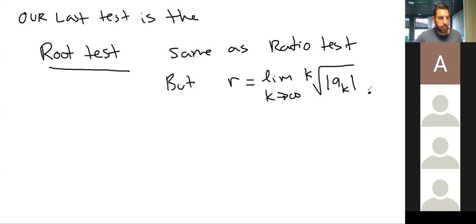So let's look at an example real quick before we leave. I know we're running out of time, but I want to give you one example of this. So let's say (-3) to the power k all over k to the 20th power.